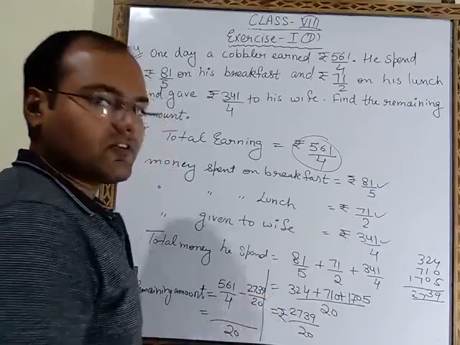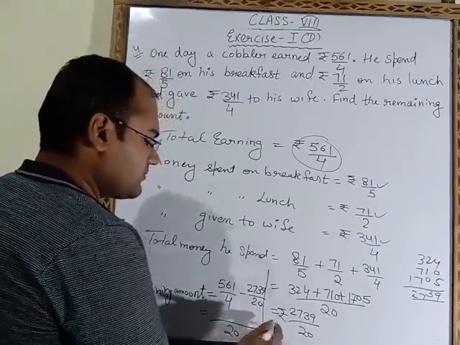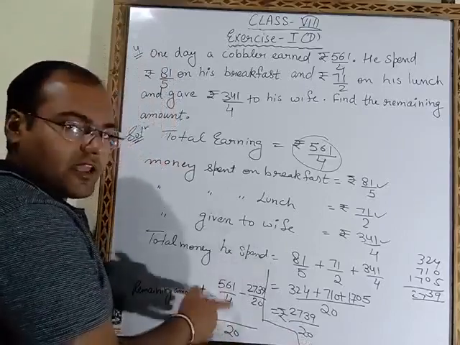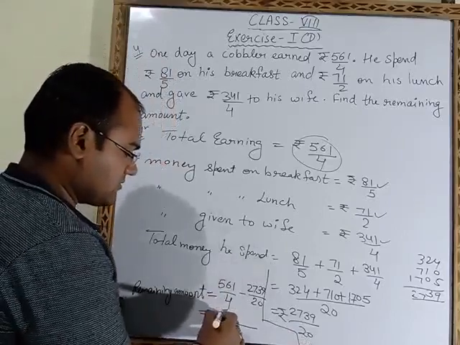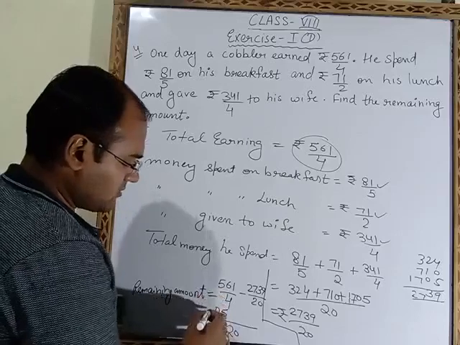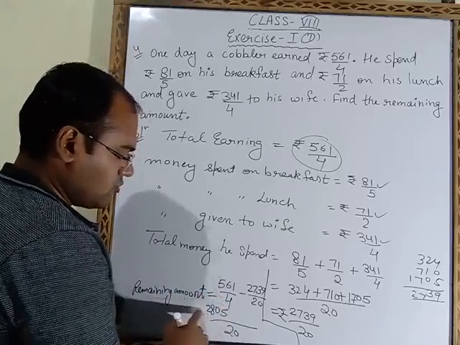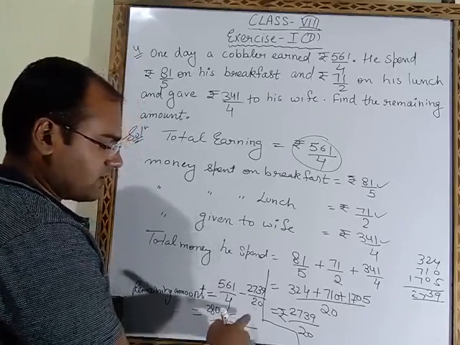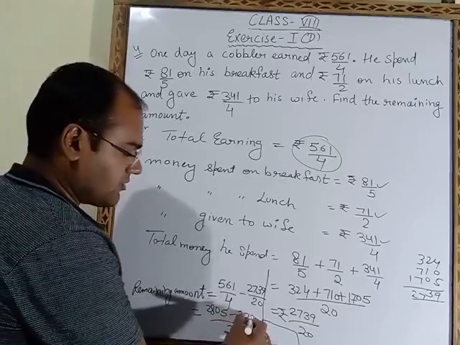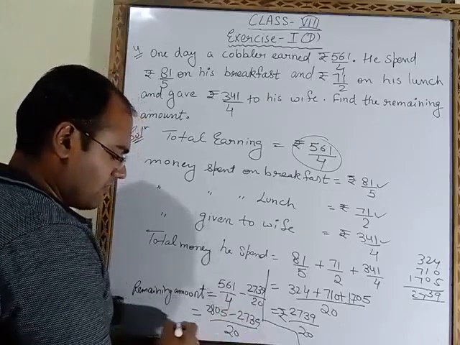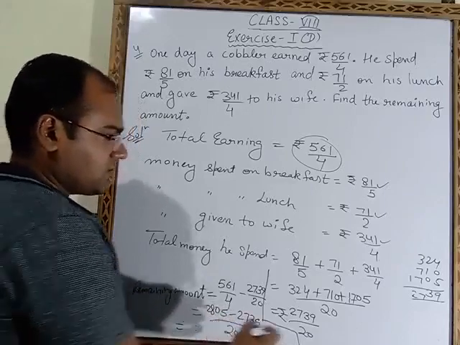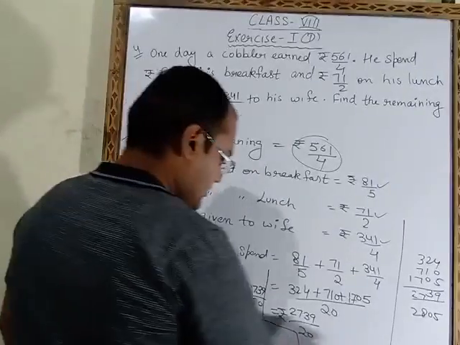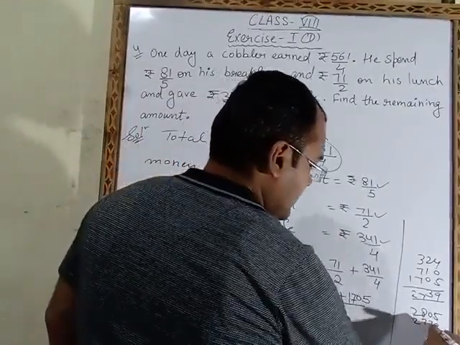LCM of 4 and 20 will be 20. Then 4 5s are 20, that 5 into 561 is 2805, minus 20 1s are 20, that 1 into 2739 will be 2739. Now what we will do? We will subtract these two numbers. 2805 minus 2739.